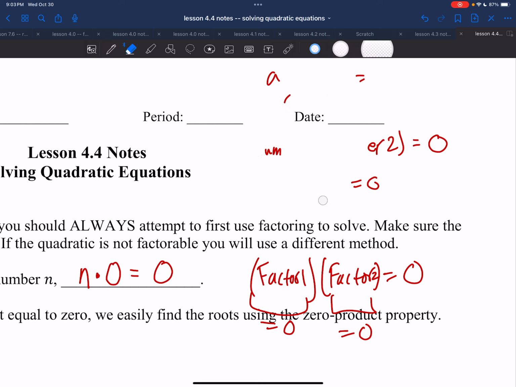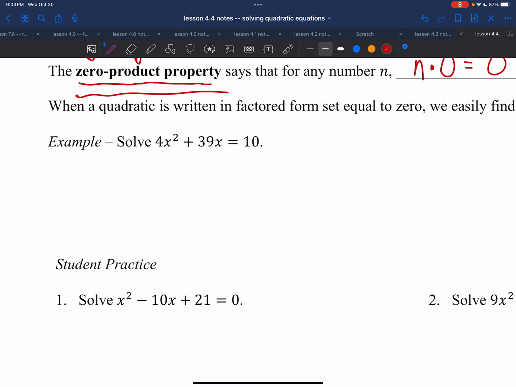So I'll go ahead and erase this, and we'll do problem number 1. Example 1. It says solve this quadratic equation. So, as I just said, we're going to invoke the zero product property, which means you want to set it equal to 0. So I would start off by subtracting 10 in order to set this quadratic equal to 0, like so.